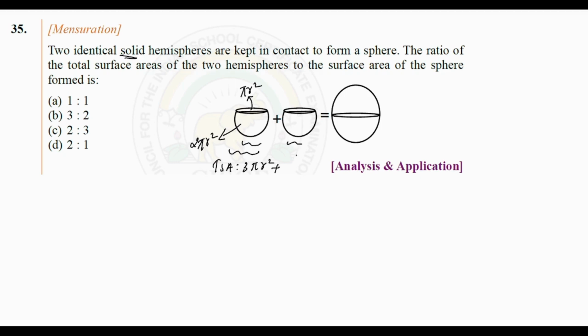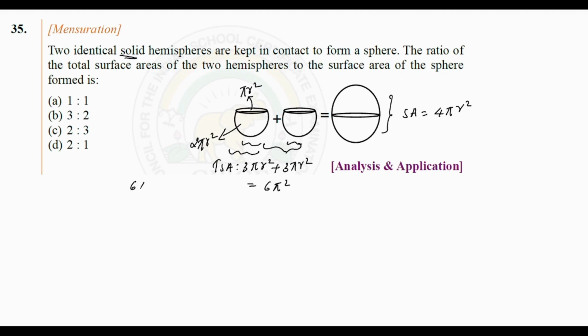Like that, you have one more hemisphere over here. So together 6 pi r square is the TSA of the hemispheres. Now you know that the surface area of the sphere is given by the formula 4 pi r square. Now let us find the ratio.